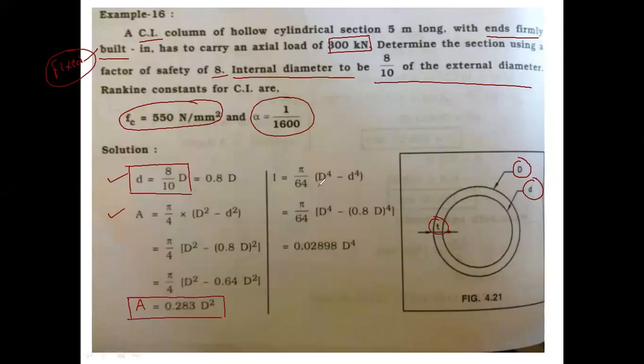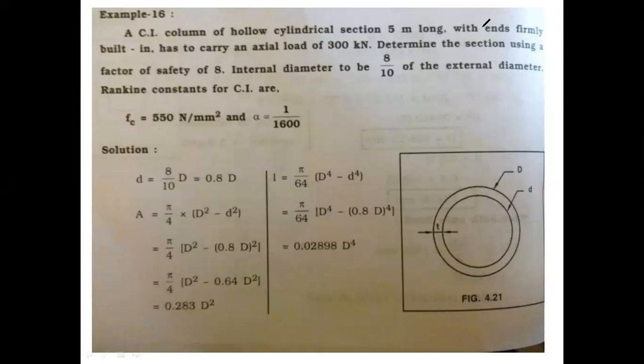And moment of inertia: in the same way, calculate the moment of inertia also, which is pi by 64 of capital D power 4 minus small d power 4. You will get the value of I as 0.02 D power 4. Clear? Right. So next, let's see what the next procedure is.